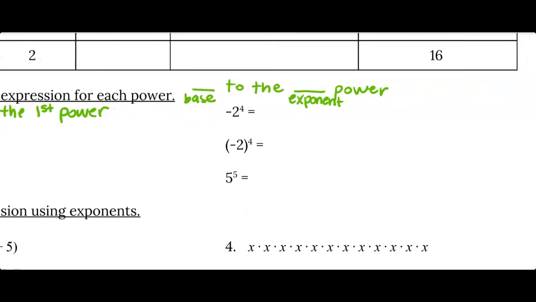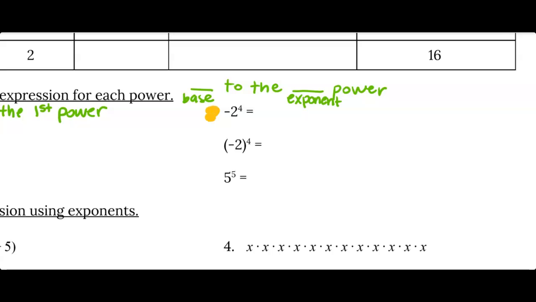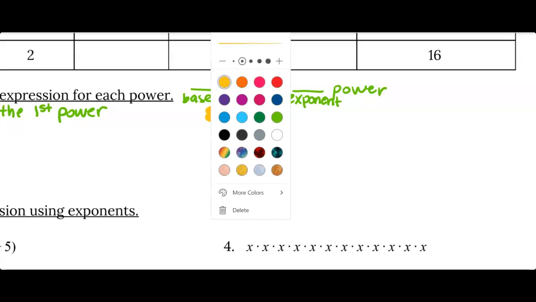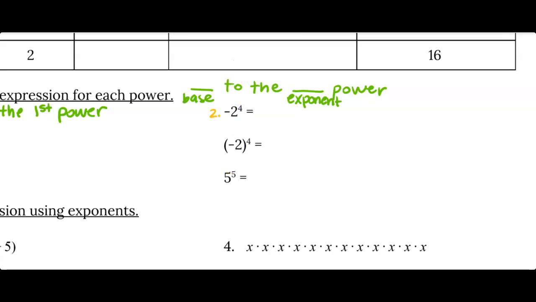So if I look at this one here, I'm going to make this one number 2. This has a negative out front, but the negative is not raised to the 4. So remember, the only thing that gets the exponent is the thing directly to the left of the exponent. Since the negative is not touching the 4 and not in parentheses, that means that the negative doesn't actually get raised.